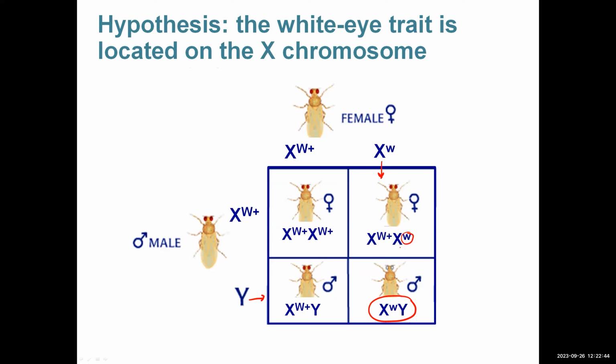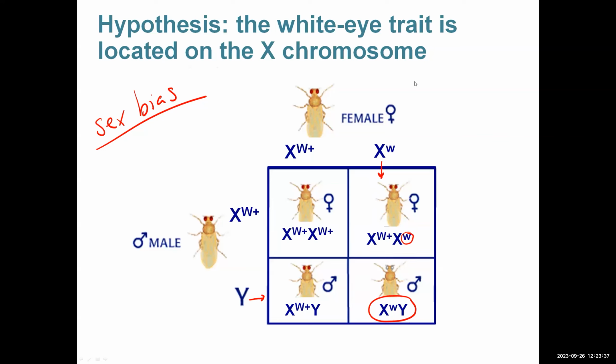So they cannot have the white eye. So this creates a situation where we see sex bias. Anytime you see sex bias in a cross, your first assumption should be that this is a sex-linked trait.